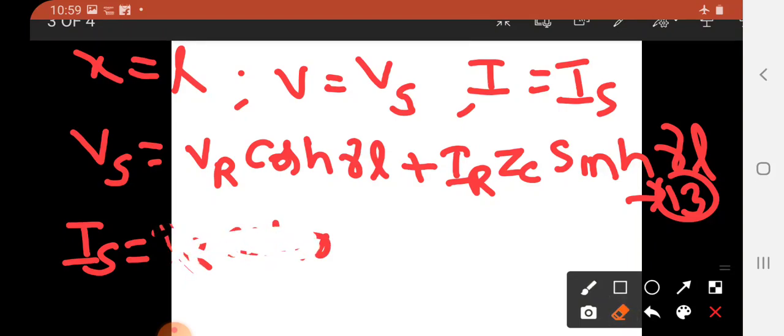As it is right only, but first let us write the VR term, then the IR term.